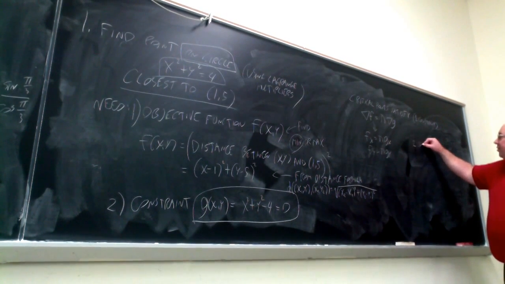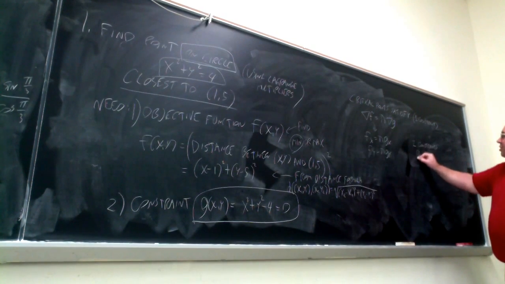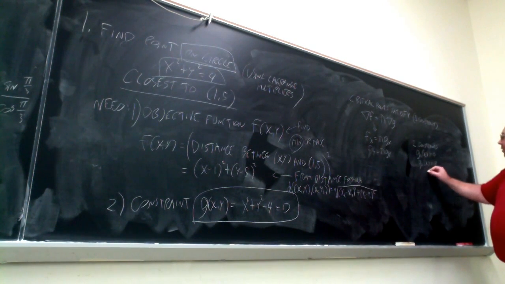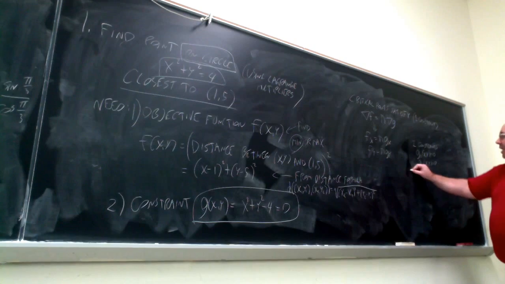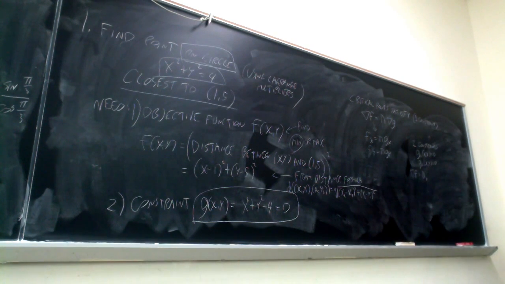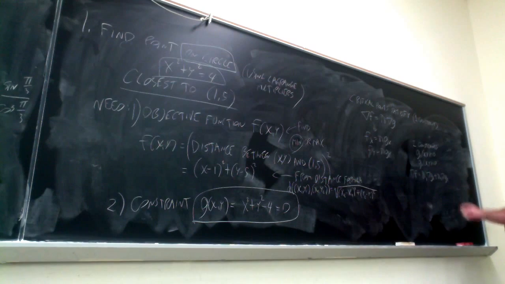If you had two constraints, like g1 of x, y equals 0 and g2 of x, y equals 0, then you'd have two Lagrange multipliers. So you have one Lagrange multiplier per constraint. The gradient of f is lambda 1 times the gradient of g1, plus lambda 2 times the gradient of g2.